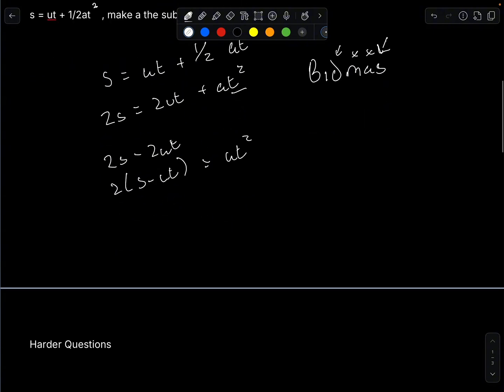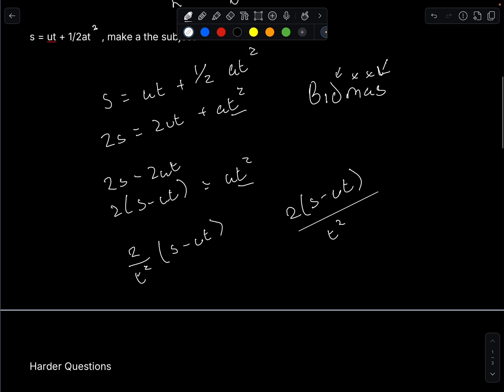Now we're dividing by t squared. For this one, we're just going to divide both sides by t squared. Now this can be written as 2 divided by t squared times s minus ut, or you can write it as t times s minus ut, all that divided by t squared. You'll get the same answer. Don't worry too much about how you're writing it.